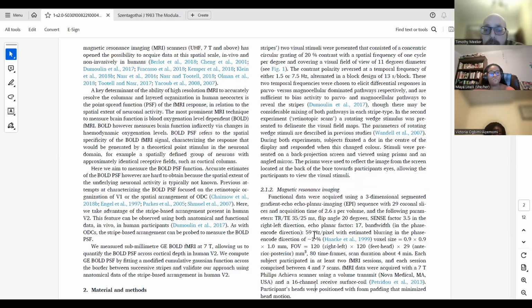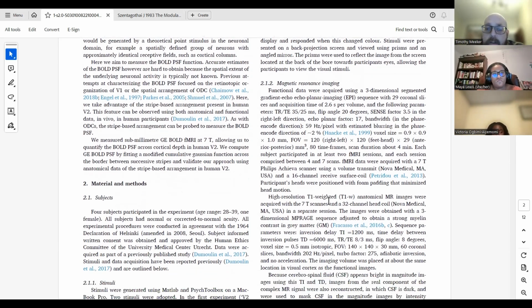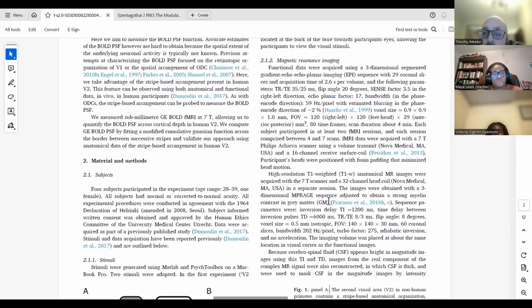So we want to look real quick at the MRI. So they're just looking at the visual cortex. So 0.9 by 1 millimeter, and this is on a 7 Tesla scanner, so they can do that. And then the high resolution T1, they don't even tell us, do they? Oh, we would have to calculate it from this.